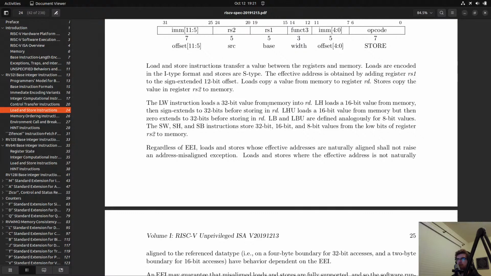And since we're using 64-bit instructions, I think this load word instruction loads a, it should be 64-bit, I think.